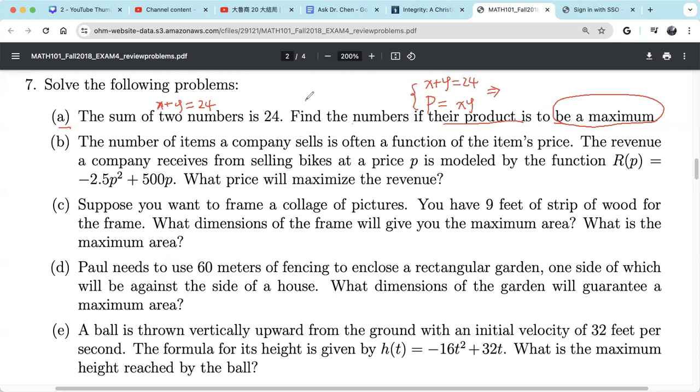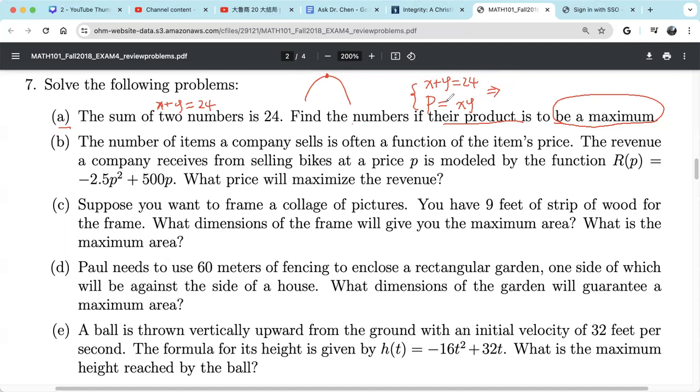In a quadratic function, if the leading coefficient is negative, the graph is a downward parabola, and in a downward parabola, the vertex is the maximum. So let's see if we can form a quadratic function with a negative leading coefficient. In that case, we can find the maximum because it's the vertex on the graph.